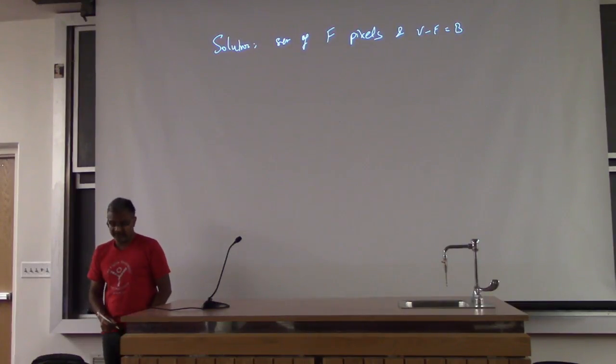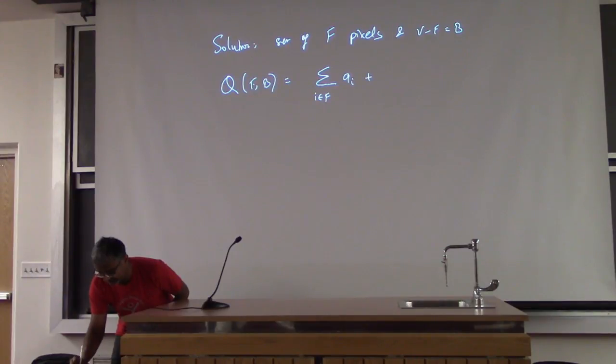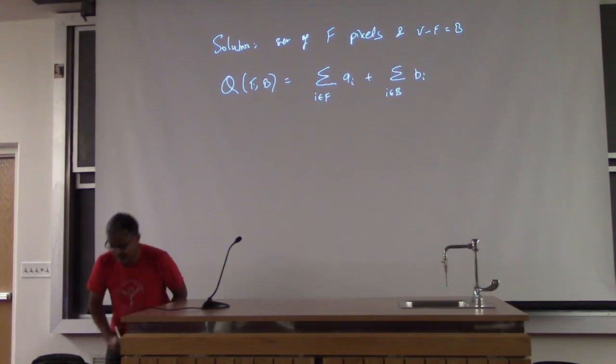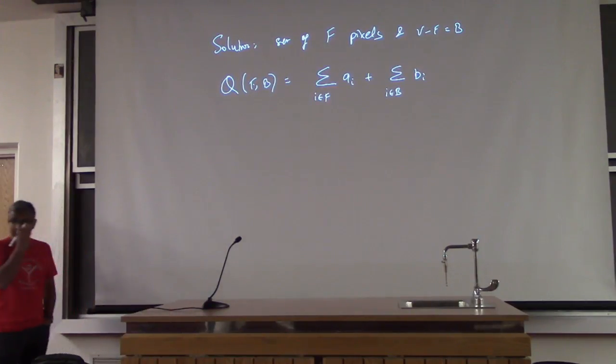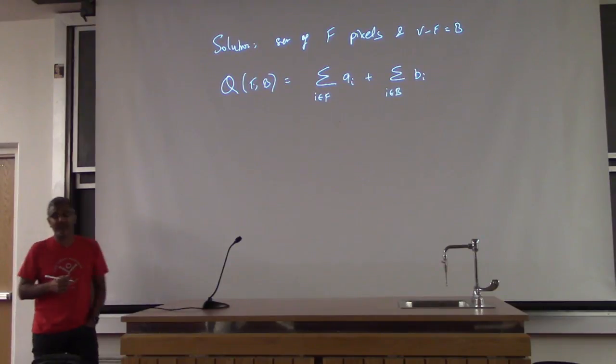Now we say the quality of the solution (f, b) is equal to the sum over all i in f of a_i plus the sum over all i in b of p_i. This is the profit we're getting from using our beliefs to decide what to do.